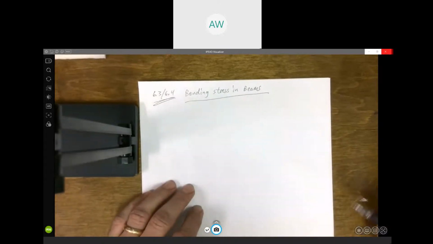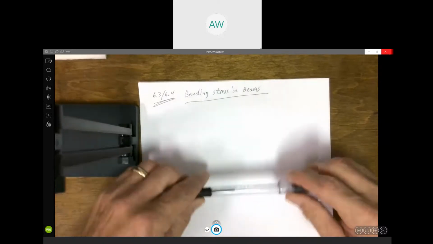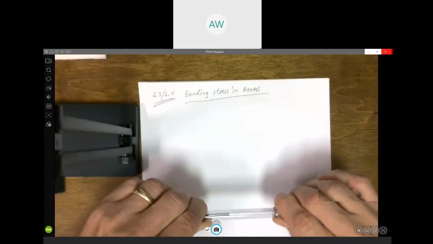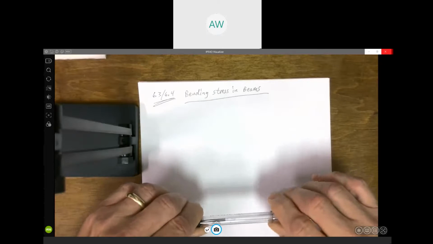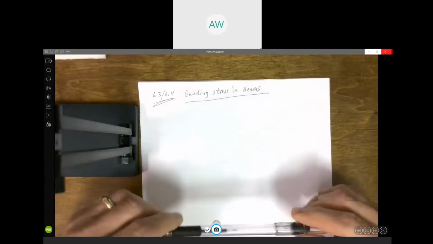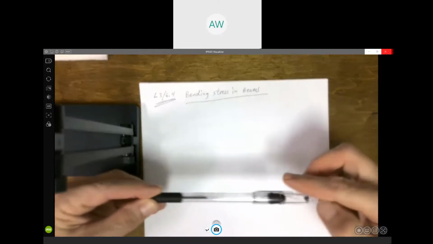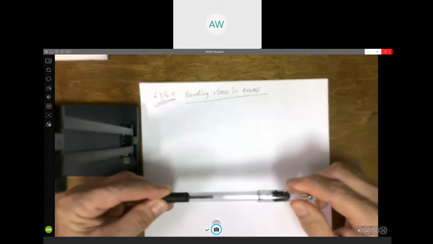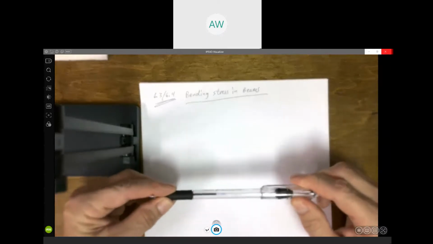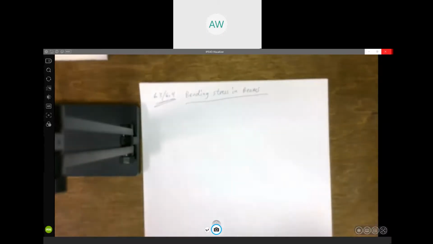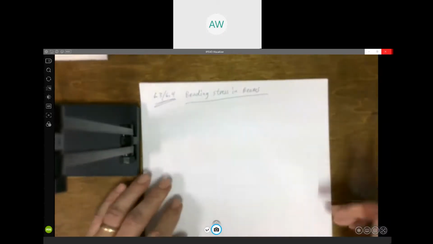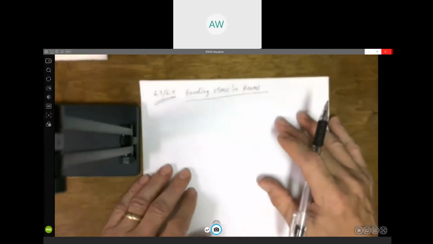But unlike when we had an axially loaded member, like say this pin, I'm either pulling on it in tension, and the normal stress is going to be in tension, or if I'm pushing in on it on each side, I have a compressive normal force causing a compressive normal stress. You'll see when we bend something, we get both tension and compression.